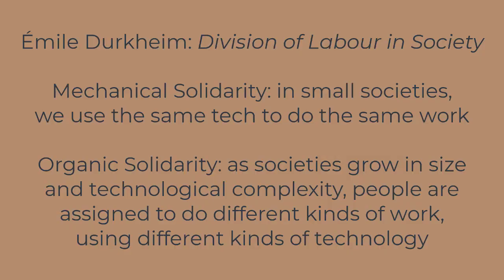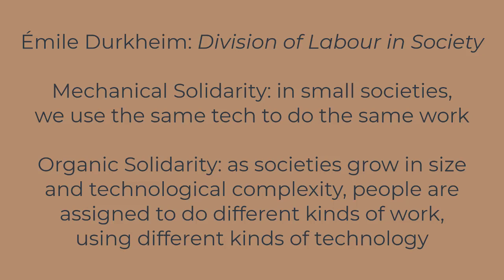A classic way of conceptualizing this was developed by one of the founding figures in sociology, the French sociologist Émile Durkheim, who in his book Division of Labor in Society made a really famous contrast between two kinds of solidarity, two kinds of ways that societies stick together.